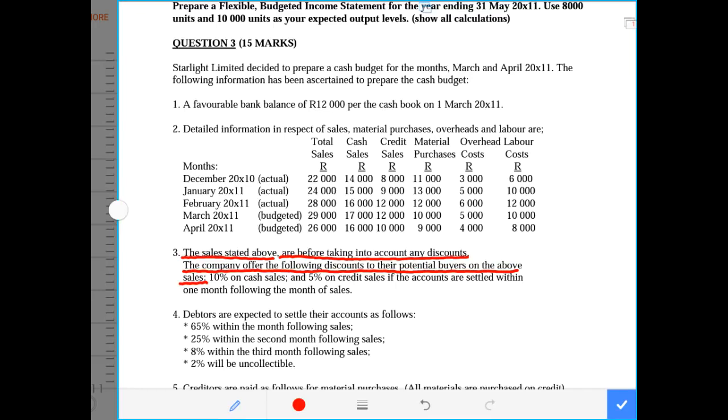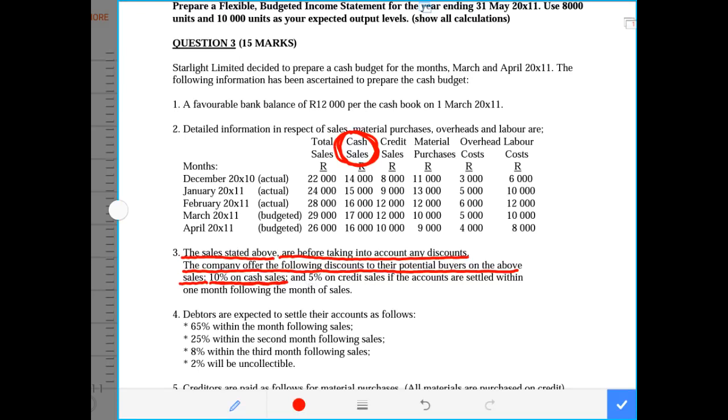So now there are discounts that are given to the customers, and these discounts are 10% on cash sales. That means customers who bought for cash, and we have seen that our sales are divided into cash and credit, are given a 10% discount.